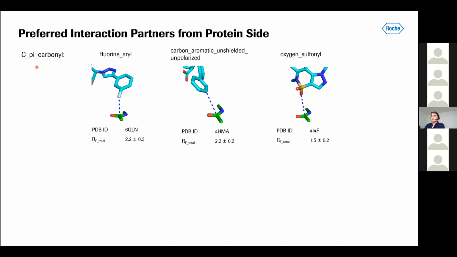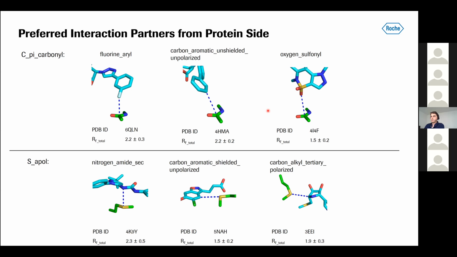So if you wonder, for example, what to put above a carbonyl carbon atom, we search for ligand atom types that have the highest RF values here, and fluorine atoms appear to be extremely favorable when put on top of a carbonyl carbon, so are aromatic unpolarized carbons, and also the oxygens from a sulfonyl group.